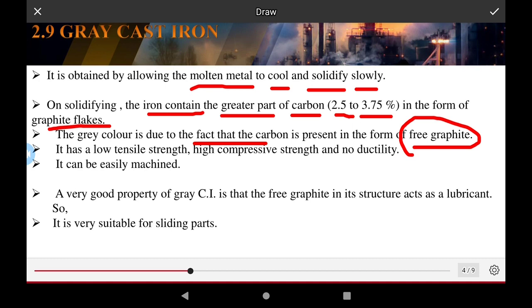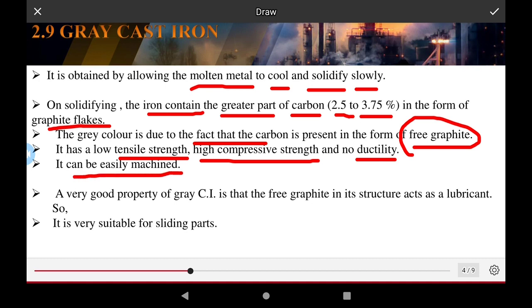Grey cast iron has low tensile strength, high compressive strength, and no ductility. It can be easily machined.